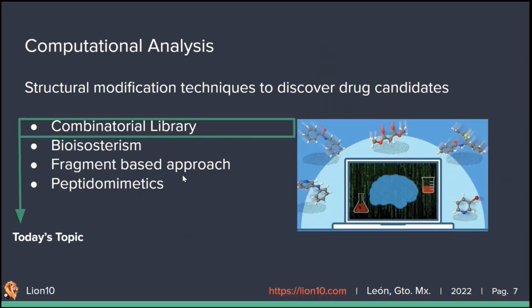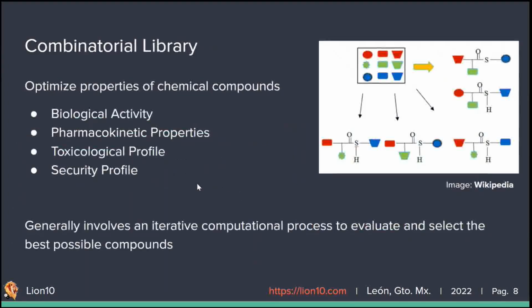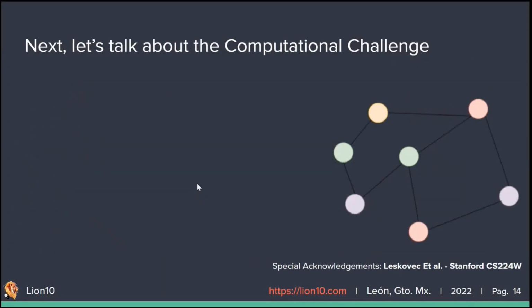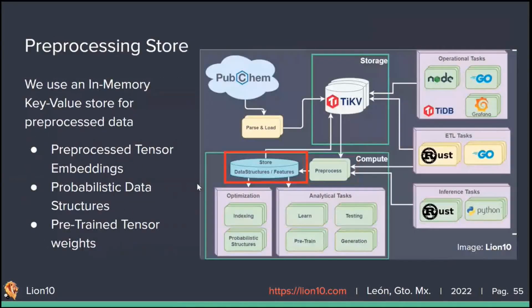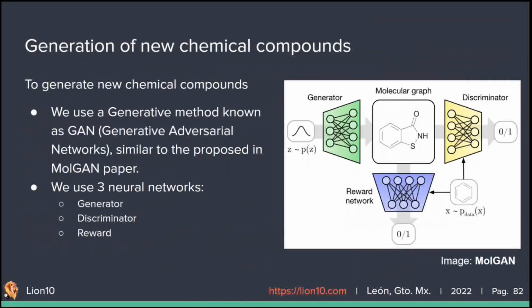And maybe for some advanced use case, we could also take some ideas from other approaches, for example, from peptidomimetics. But that's the score that the reward function is going to calculate. Now it can be based on another trained model, your own trained model.